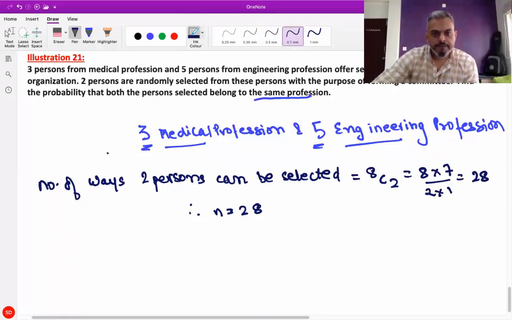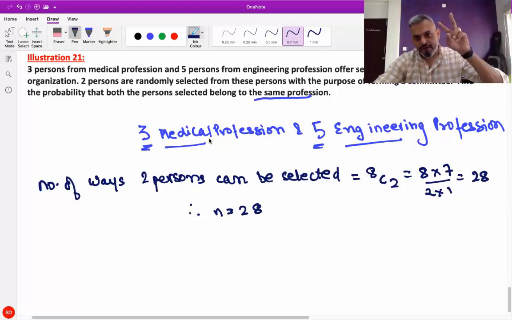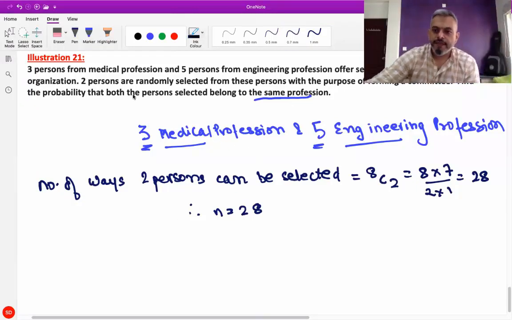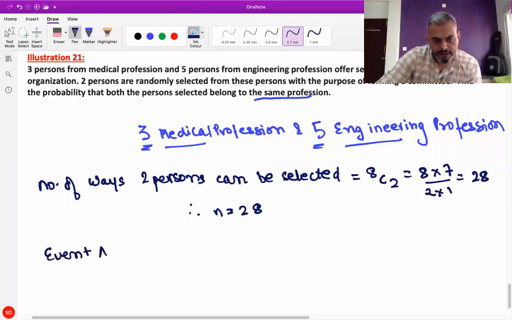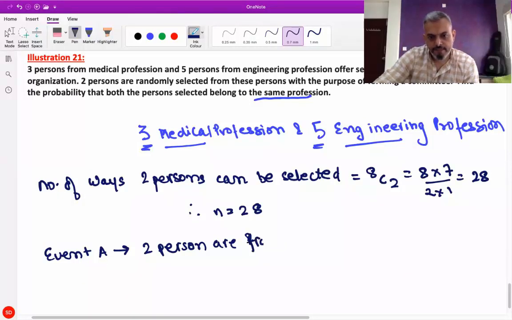Now what we have to find, that two persons are selected to form a committee. We have to find the probability that both are of the same profession. So either two are from medical or two are from engineering. So let's say event A denotes two persons are from medical profession.